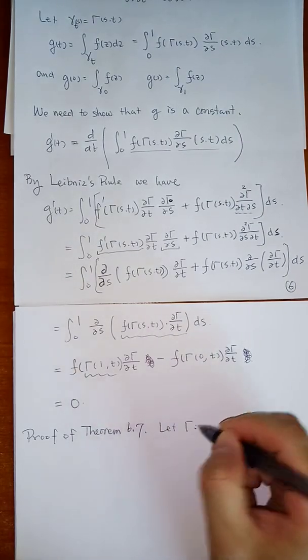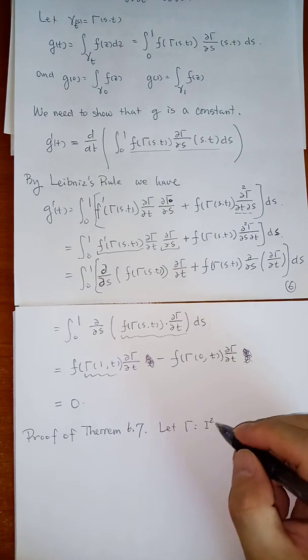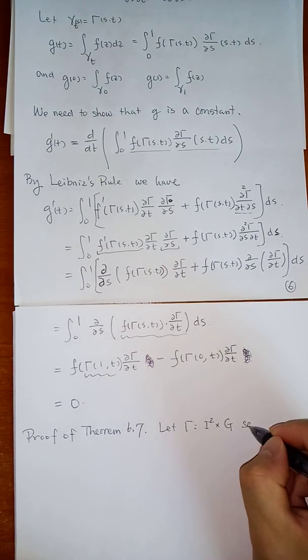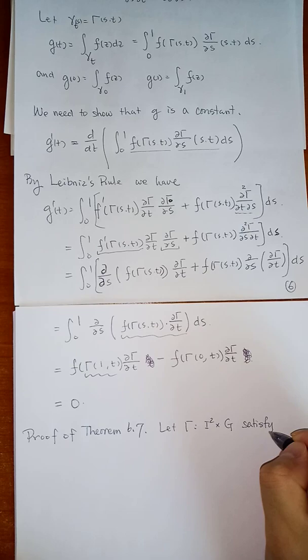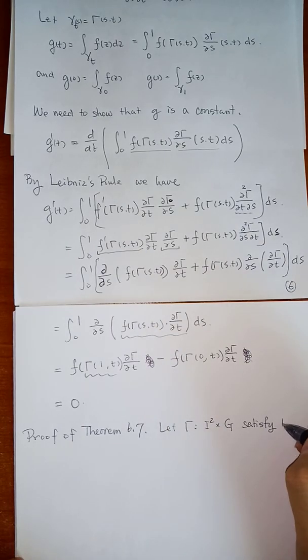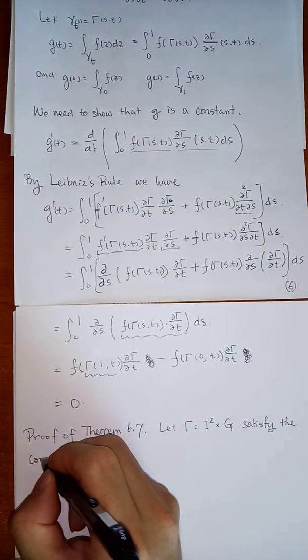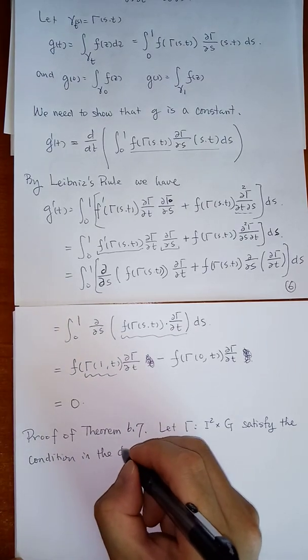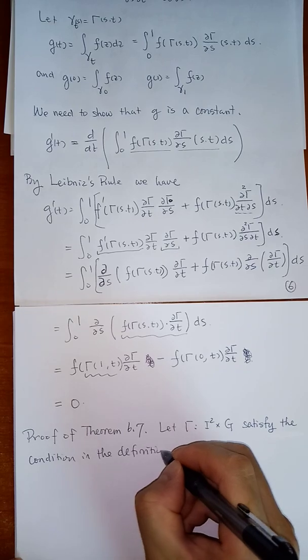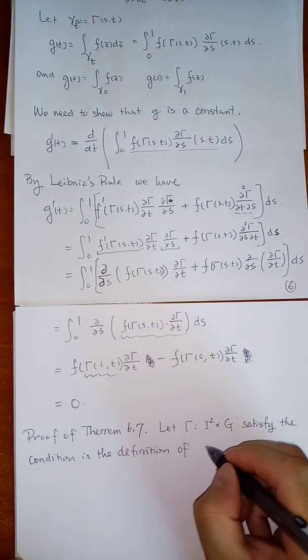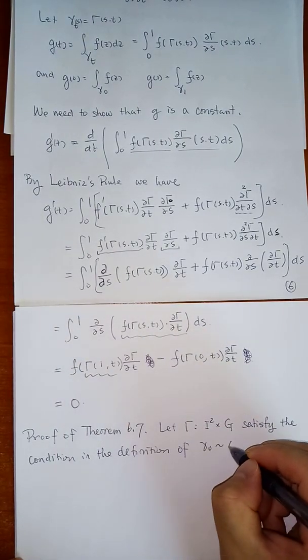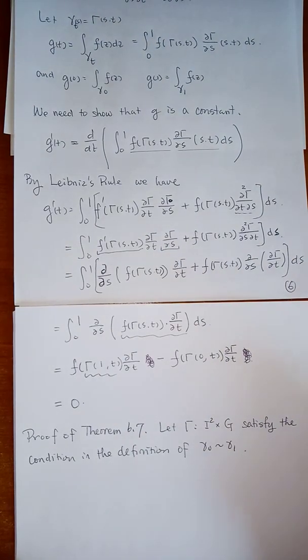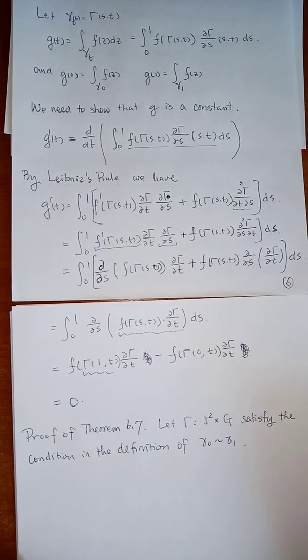Let capital gamma be a map from the square to G, satisfying the conditions in the definition of gamma 0 homotopic to gamma 1. Okay, it satisfies those two conditions. And the square 0, 1 cross 0, 1 is compact, closed rectifiable.